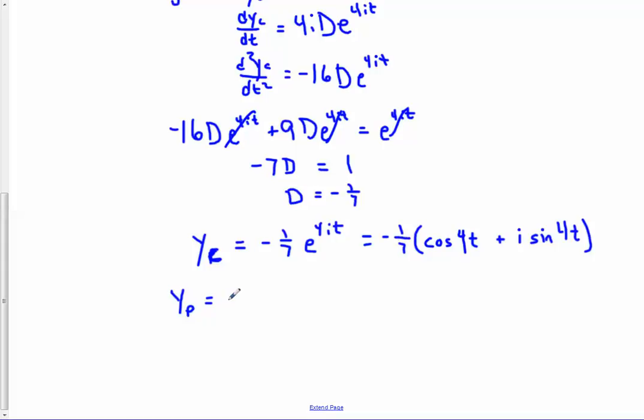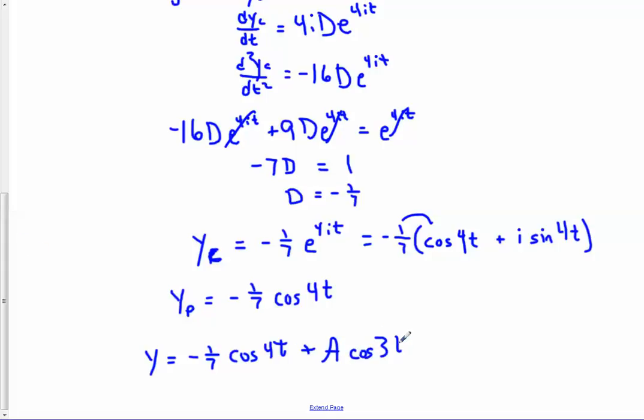So the real part would be just negative 1/7 cosine 4t. And so the final general solution would be negative 1/7 cosine 4t plus our homogeneous solution, a cosine 3t plus b sine 3t.